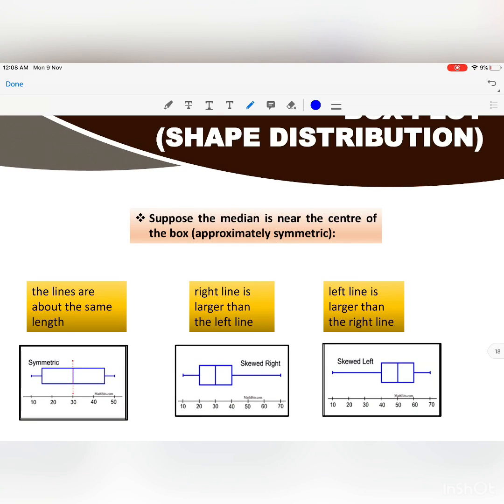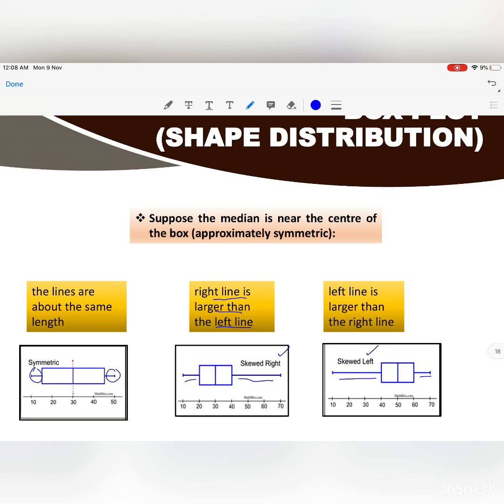Suppose the median is near the center of the box, then that one is approximately symmetric, and the lines are about the same length. When you look at the lines here, the same length means symmetric. If the right line is larger than the left line, that is right skewed.